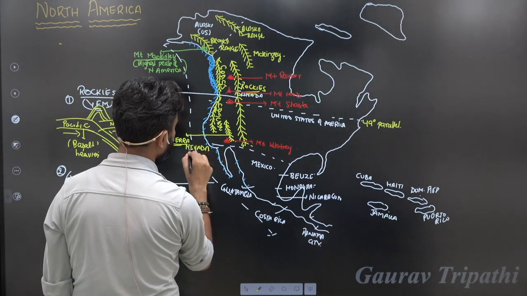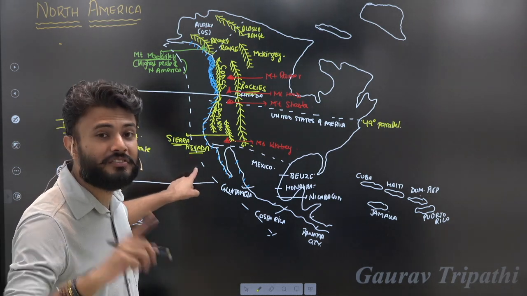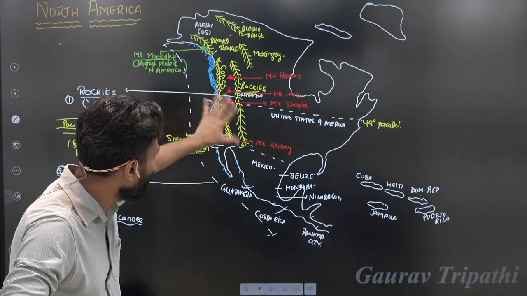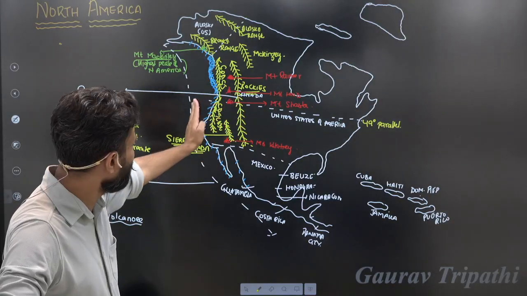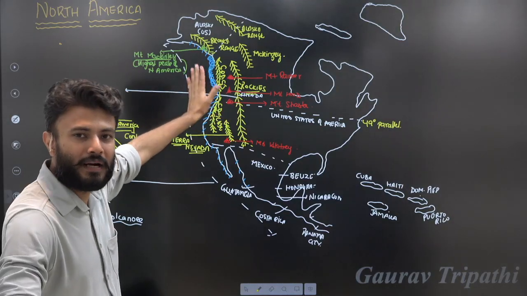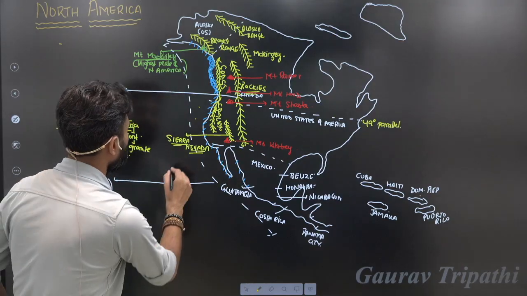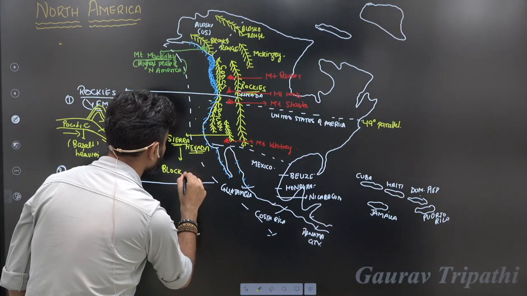When we talk about Sierra Nevada, the unique thing is that the Sierra Nevada is not young fold mountains, despite the fact that they have almost overlapping territorial areas. Here we are having young folded mountains, but in the same location we have Sierra Nevada, and Sierra Nevada basically is the example of block mountains.